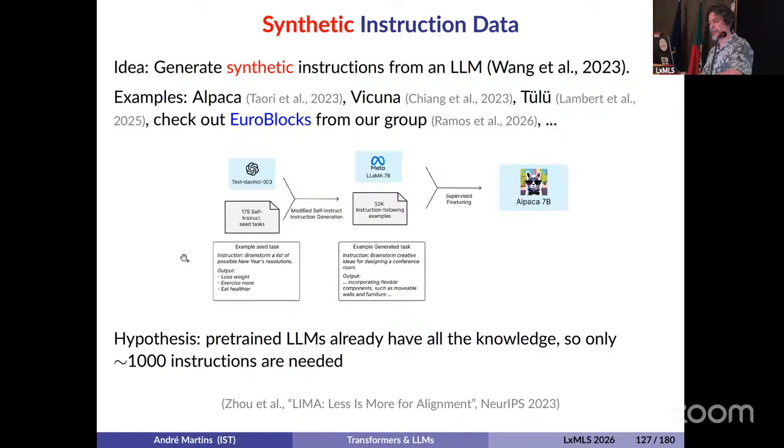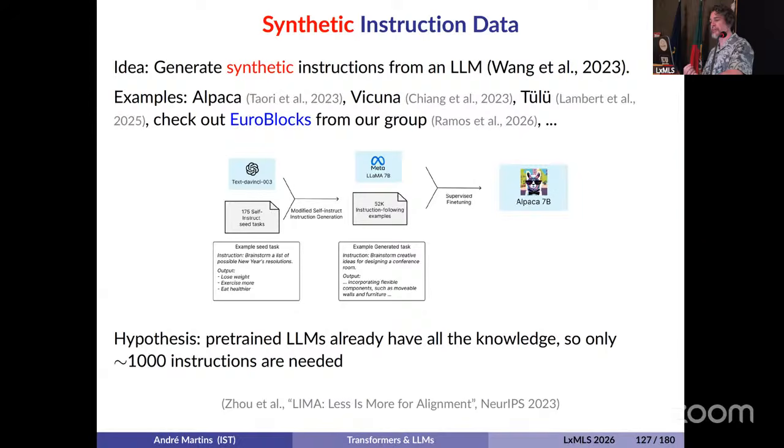There was one hypothesis coming from this paper, LIMA, less is more for alignment, which is that pre-trained LLMs already have all the knowledge, but they don't know how to express it very well. So the value of instruction tuning is more to teach them how to express their knowledge, how they should behave as assistants.